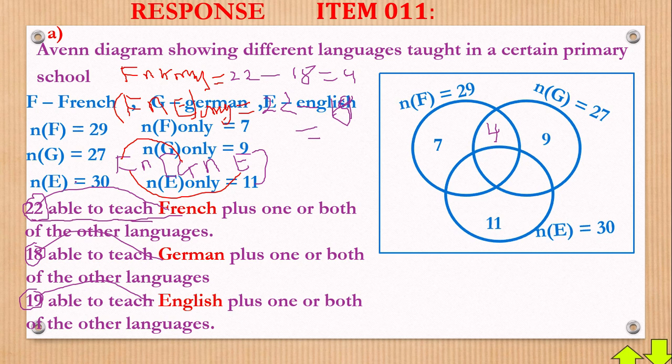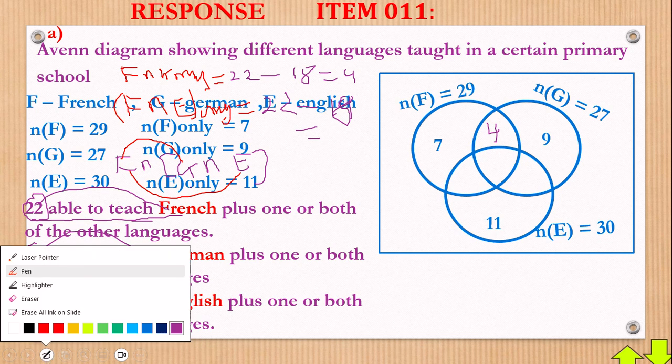English is 19. Okay, good. So I think with this, let's proceed. So there we have gotten that. We have f intersection e. We have it there. Then I think, erase this.